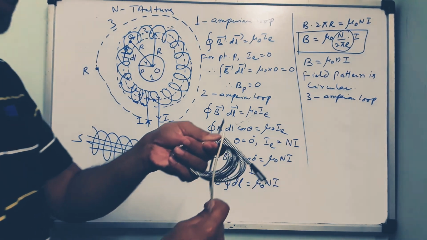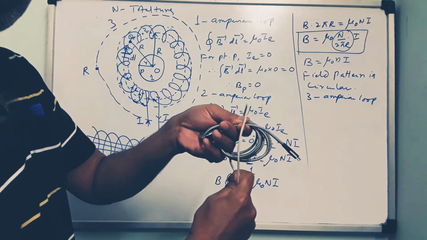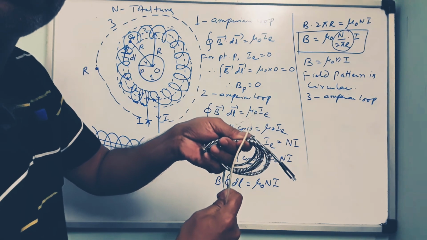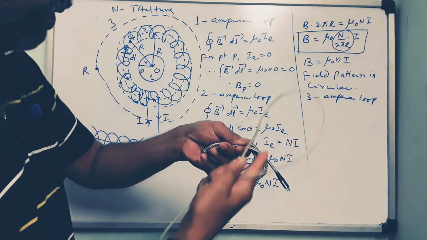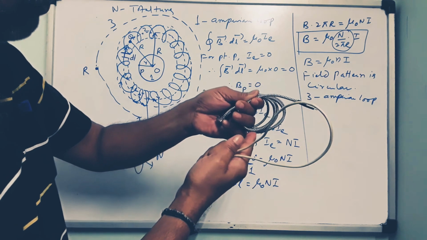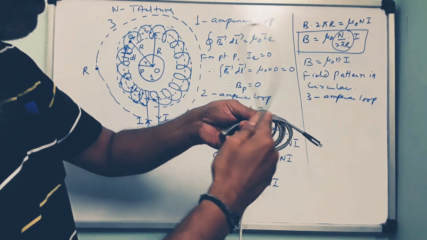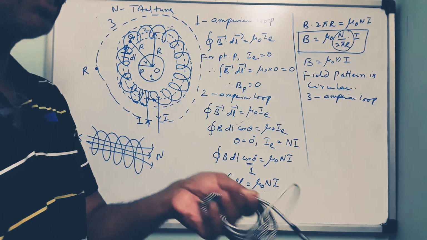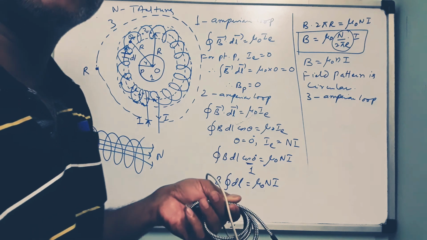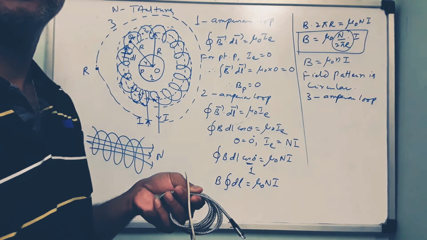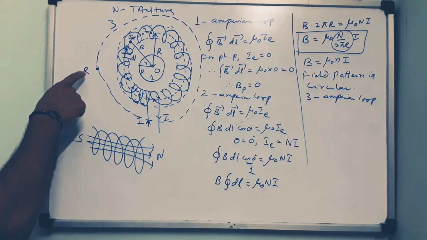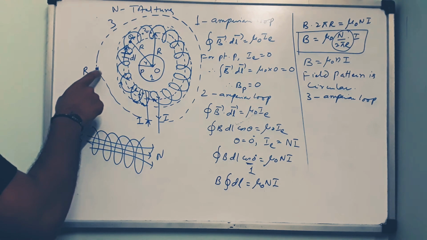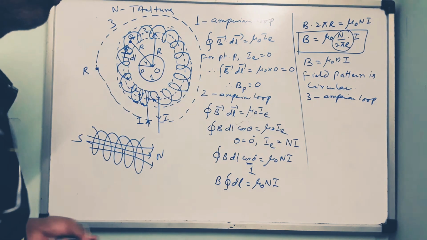I repeat, for any particular coil, the current is going in the upward direction and coming in the downward direction. So this current and this current will be cancelled as far as the Amperian loop concept is concerned. So therefore, the net current enclosed by this third Amperian loop is going to be 0.